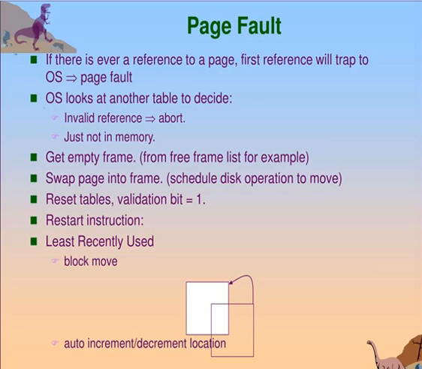When the operating system sets the instruction pointer to the first instruction of the process, which is on a non-memory-resident page, the process immediately faults for that page. After this page is brought into memory, the process continues to execute, faulting as necessary until every page that it needs is in memory. At that point, it can execute with no more faults.